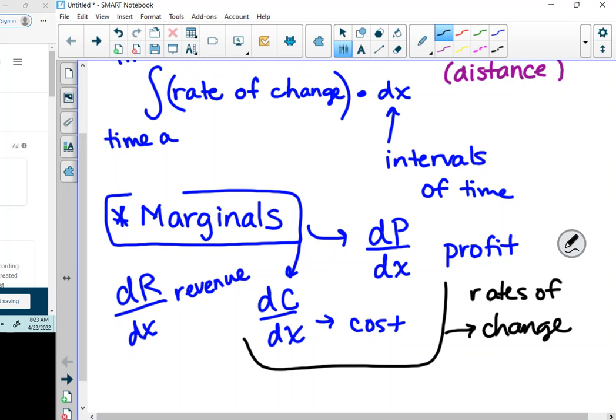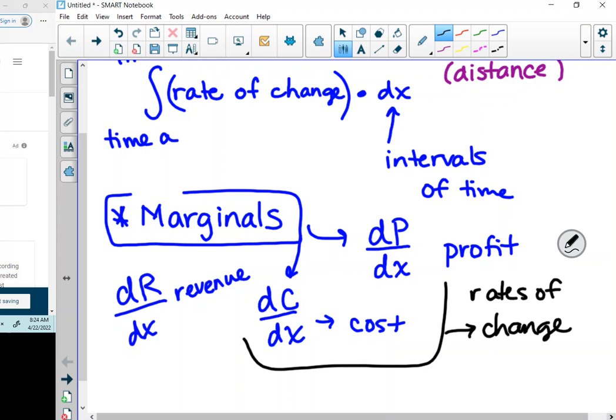When we start with the marginals, we can do a couple different things. We can go back to the original profit, the original revenue, the original cost function. That's one type of marginal problem we did. But we can also use these marginal functions to just calculate the change.